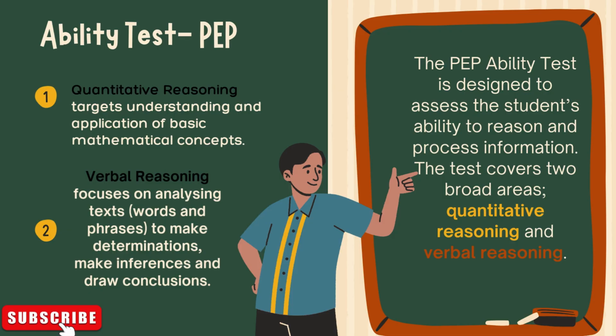The PEP ability test is designed to assess the student's ability to reason and to process information. The test covers two broad areas: quantitative reasoning and verbal reasoning.